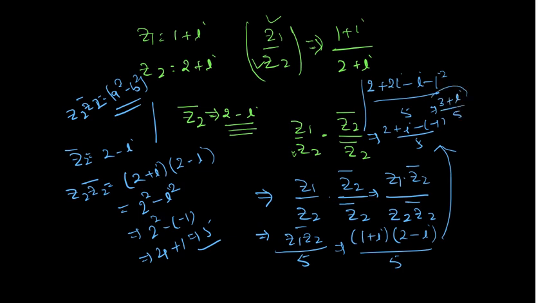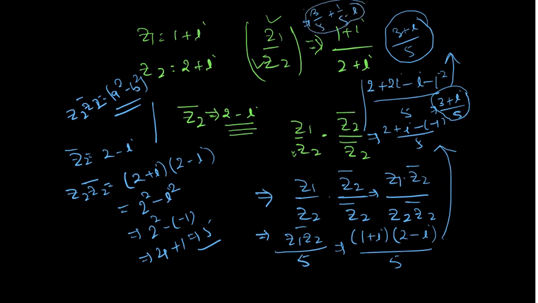So you see what we have done, we have got z1 divided by z2, and z1 divided by z2 has been converted into 3 plus i divided by 5. So this is a number in which we can separate 3 by 5 plus 1 by 5 i. So it is a single complex number, in which the real part is 3 by 5, imaginary part is 1 by 5. Clear? So this is the use of complex conjugate.